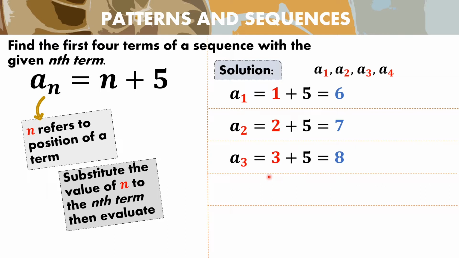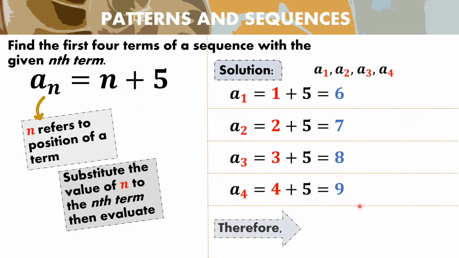Third term, n is equal to 3, plus 5 equals 8. 8 is the third term. A sub 4, we're looking for the fourth term. Therefore, n is 4. We have 4 plus 5 equals 9. Therefore, the first four terms are 6, 7, 8, 9. Next example.